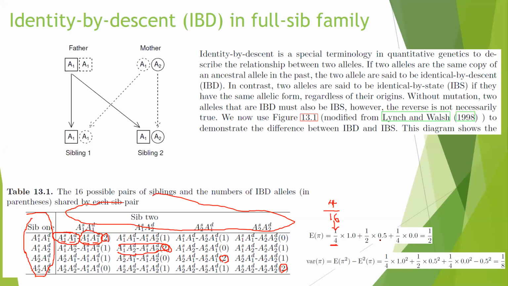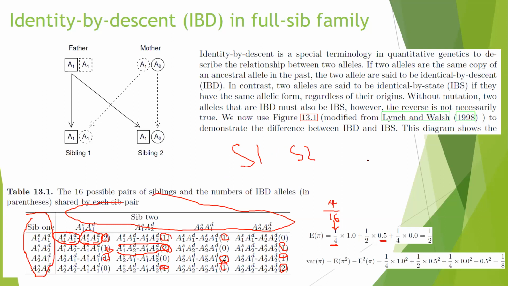So there are 8 such situations. But the value is 0.5 and 1. Yes, because for sib 1 or sib 2, there are 2 alleles.